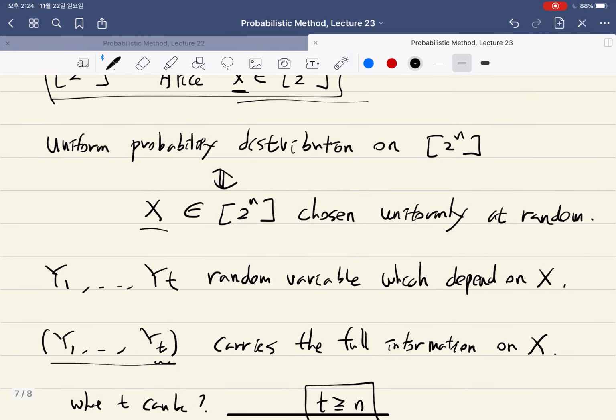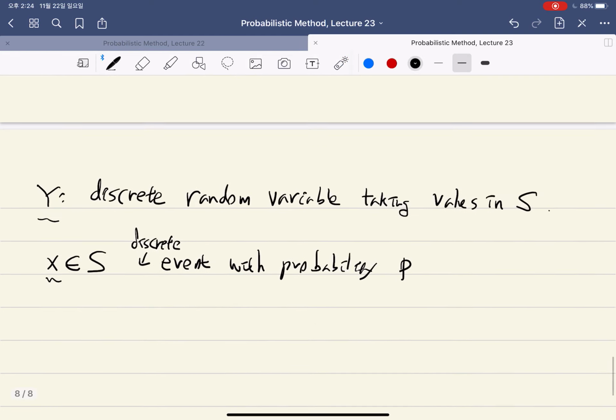In the above example, we know that x could be any element in the set of size 2 to the n. But if you know that the first digit in the binary expansion is 1, then half of the possibilities are gone and half of the possibilities are left.